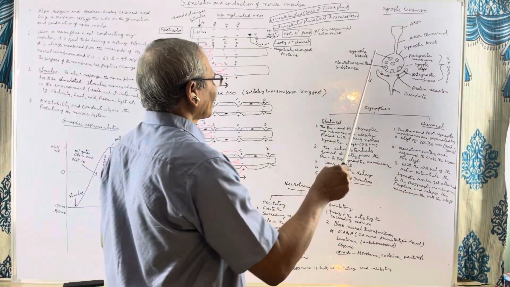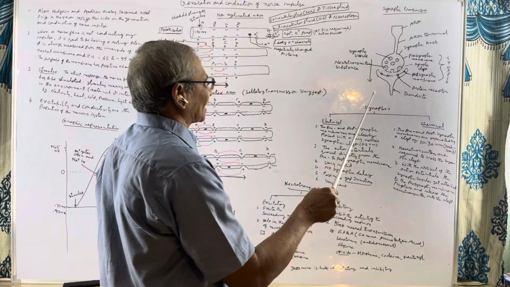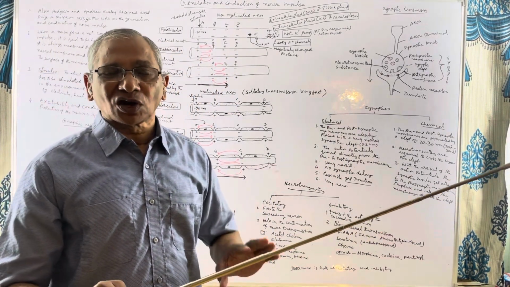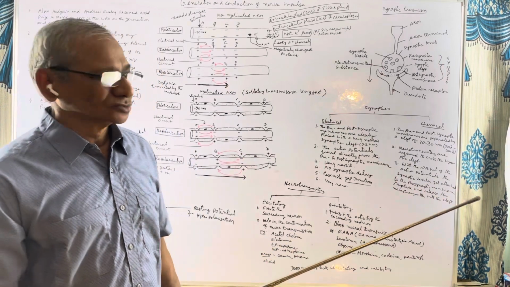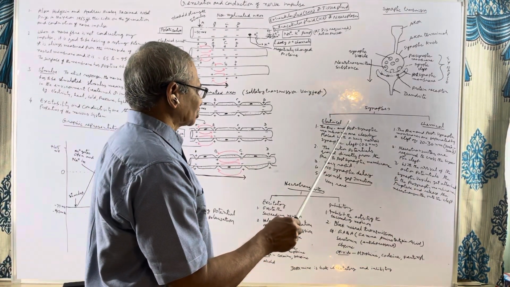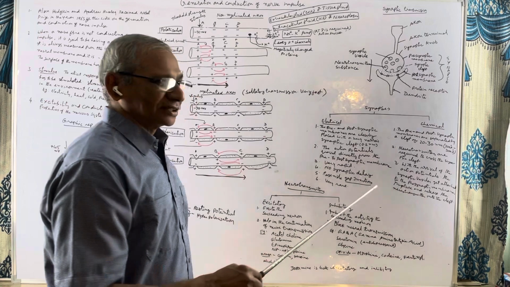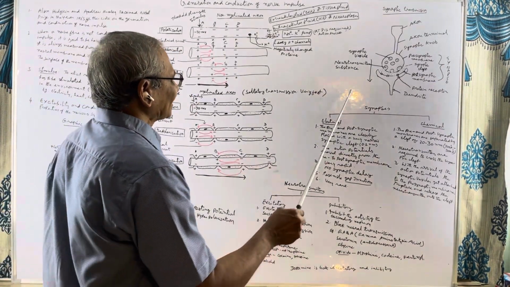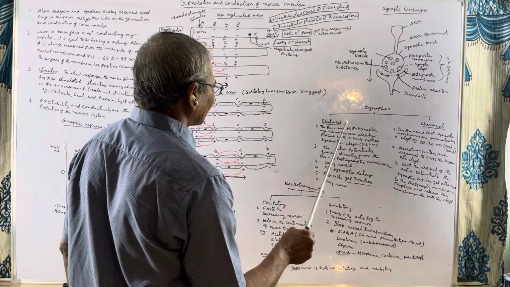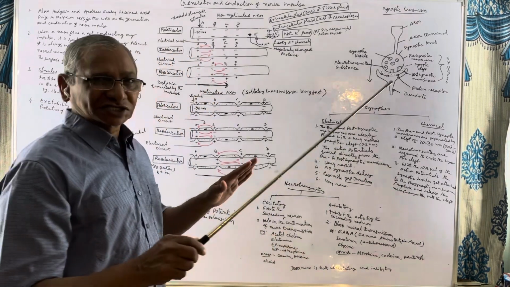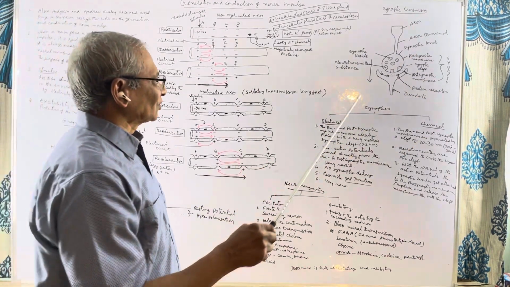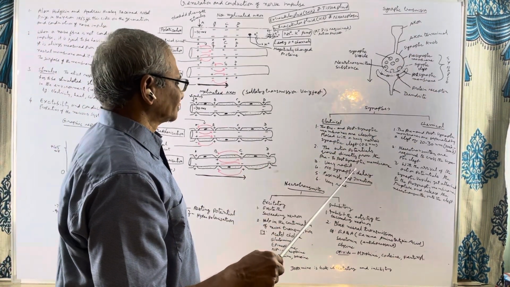So, the transmission along the entire length is only electrical. Chemical neurotransmitters are not involved. In the case of electrical synapses, there is no synaptic delay, and they travel very fast across the synapse.